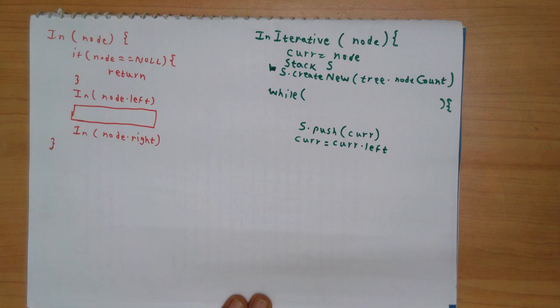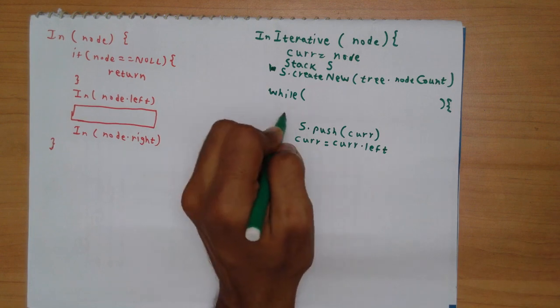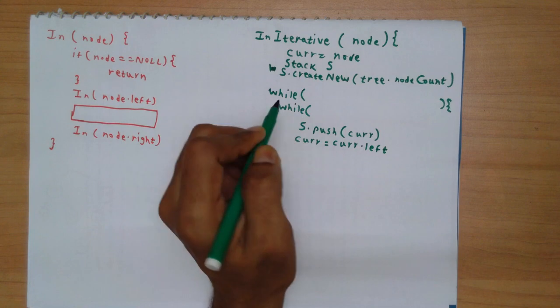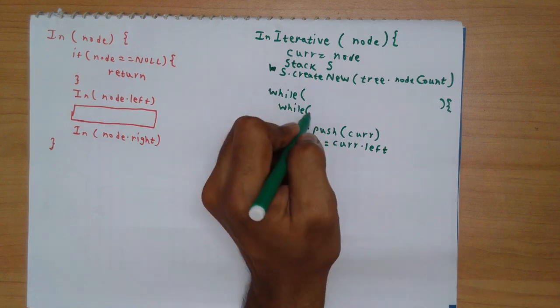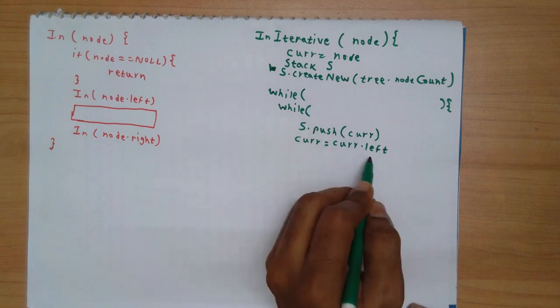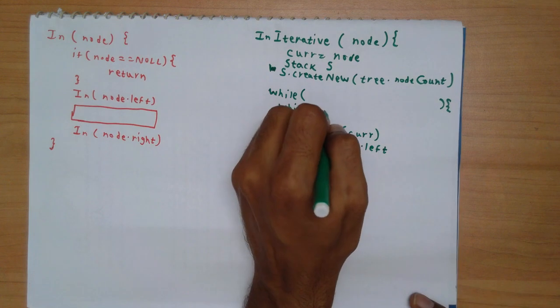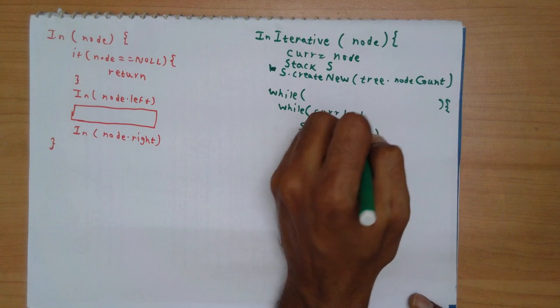You should keep on doing it till you finish the complete leftmost branch. So we would introduce one more looping construct, and we'll say do this while you can go to the left. At some point you will encounter a null on the left, when it is the leftmost node. So we'll say that while our current node is not null, we have to do this.